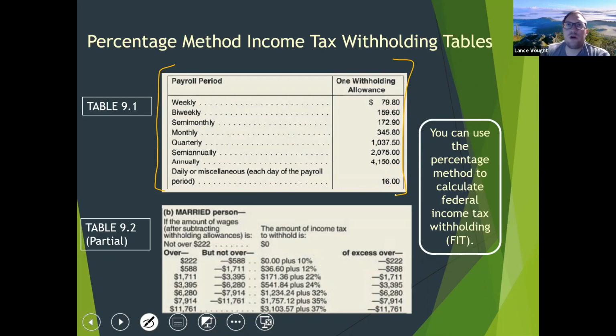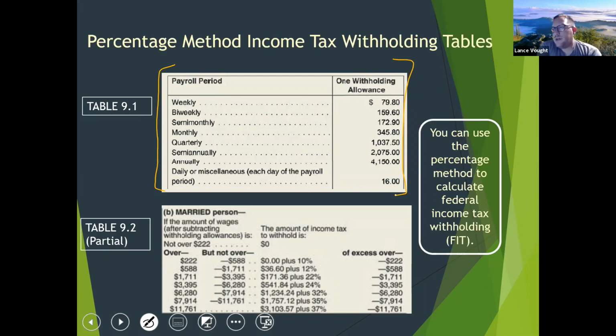So if you have 1 allowance, then the first $4,150 that you earn in a year is not taxed at all. However, if you're married or you're able to claim 2 allowances, you double that. So it would be $8,300 that wouldn't be taxed from her income.